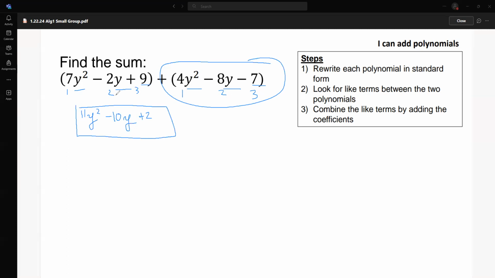All right. To stack it, if you guys want to stack and solve it, it would look like this. So 7y squared minus 2y. And you guys see how I'm really spacing out my digits here. Because when you're doing stacking, you don't want to get confused. That's the last thing you want to happen. So 4y squared minus 8y minus 7.